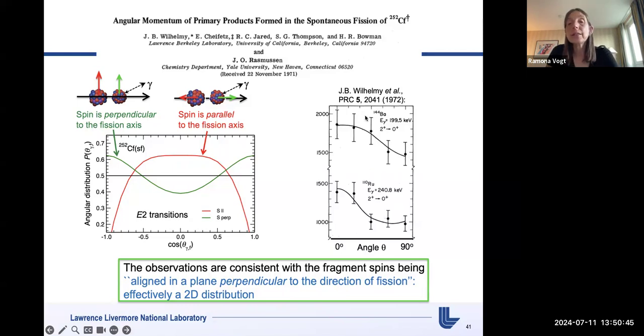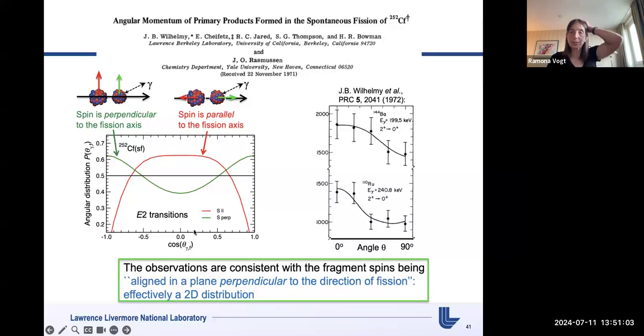They looked at this as a function of angle, for a heavy fragment and light fragment, and they see the kind of correlation you might see over here.